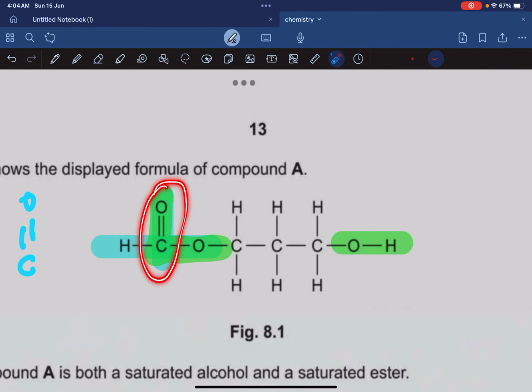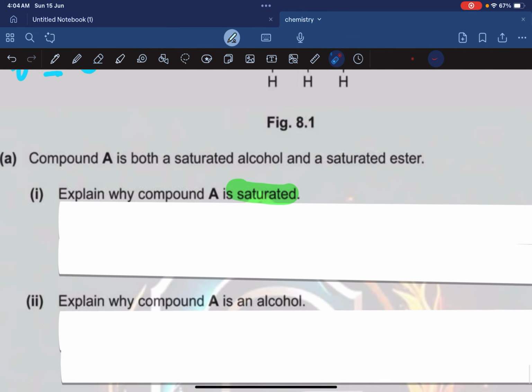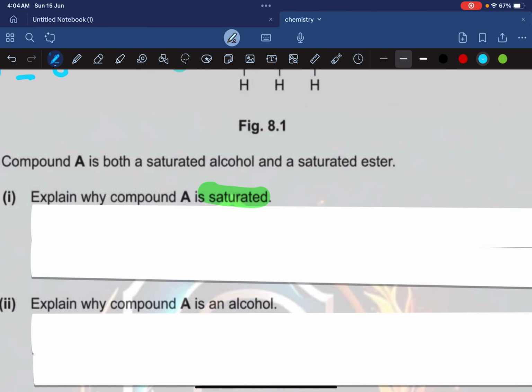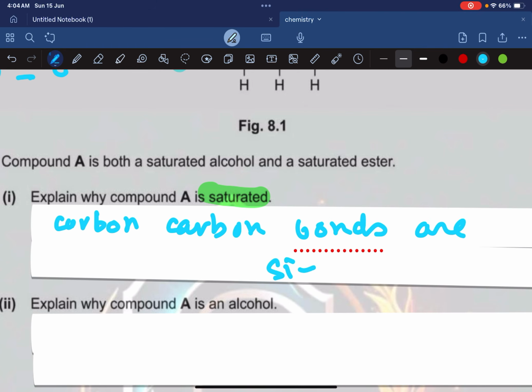Over here you have a carbon oxygen double bond, so according to you it must be unsaturated, but it's not, because for saturation we look at carbon bonds, not carbon oxygen or carbon hydrogen. Our focus is carbon bonds. So it's saturated because all carbon bonds are single.